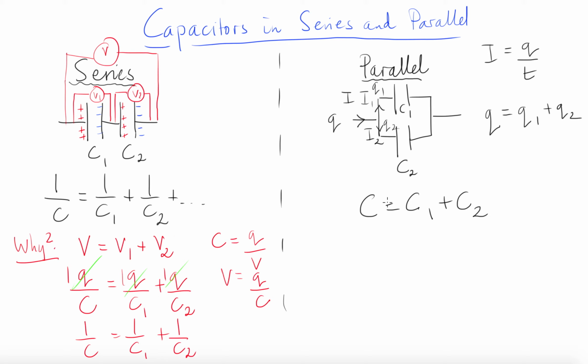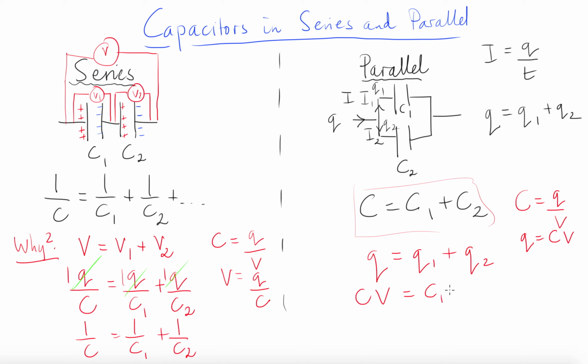So why is the capacitance equal to C1 plus C2 in parallel? Well, because I know from conservation of charge reasoning, the total charge is Q1 plus Q2, and from the definition of capacitance, C equals Q over V, the total charge, Q, therefore, is C times V. So this would be C times V equals C1 times V1 plus C2 times V2.